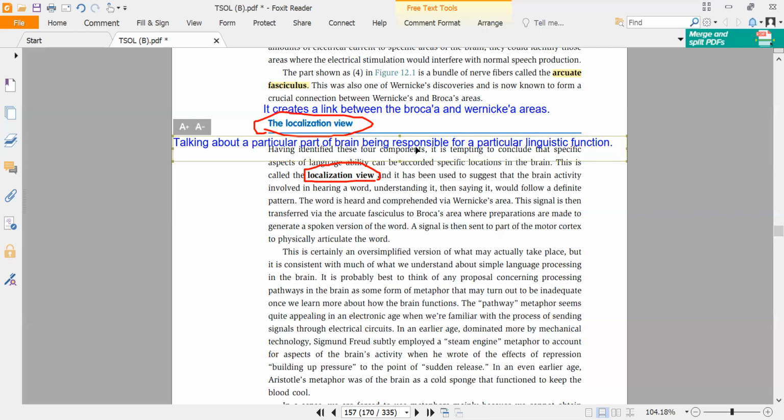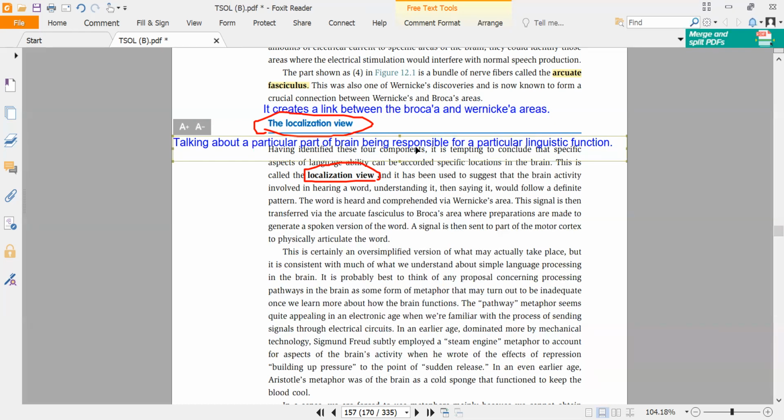And if we say that the production of speech is performed only by Broca's area in the brain, and this linguistic function cannot be performed by any other part of the brain, this view, this perspective, this idea is actually called the localization view.